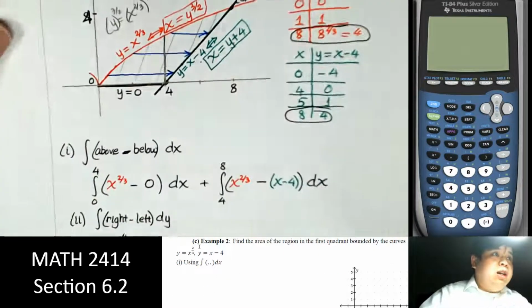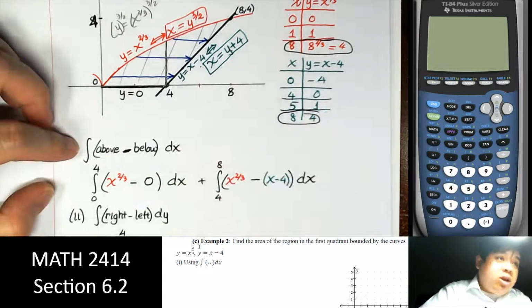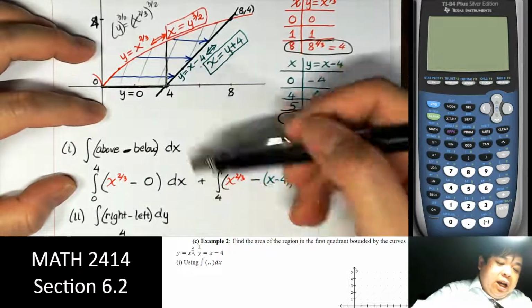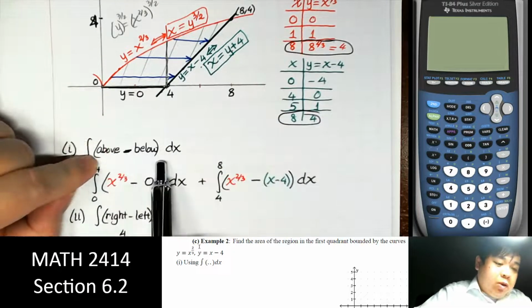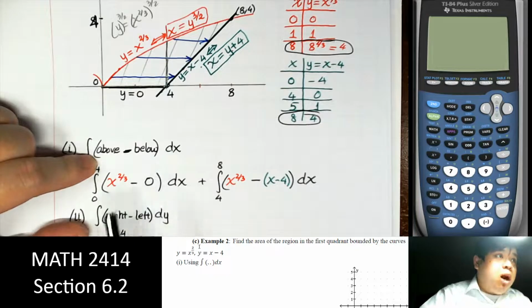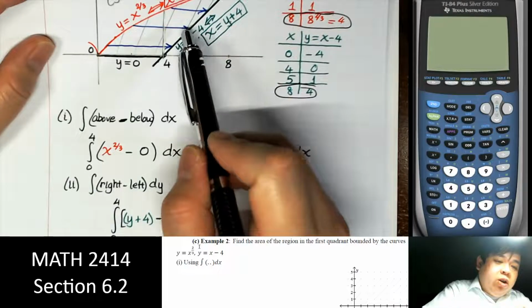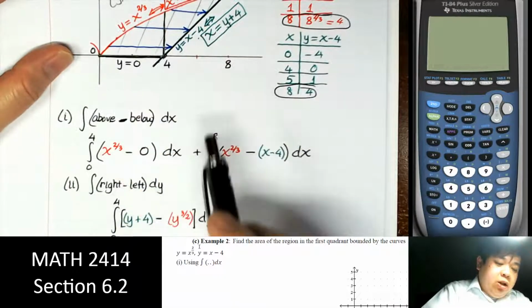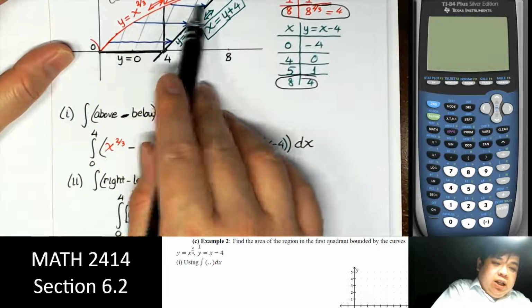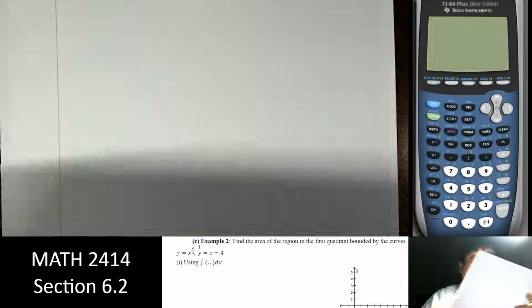And then bottom line is we can set the area based on dx or based on dy. Dx, it will be about, the region will be bounded by two functions, the one above minus the one below. If we set up using dy, it will be the one on the right minus the one on the left. So one of them is horizontally and one of them is vertically. Right, and we continue from that.